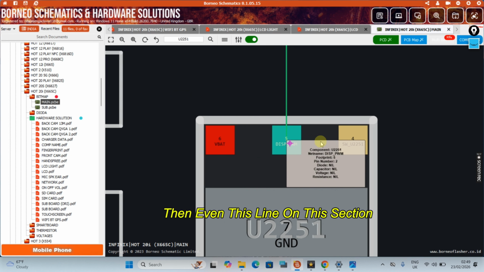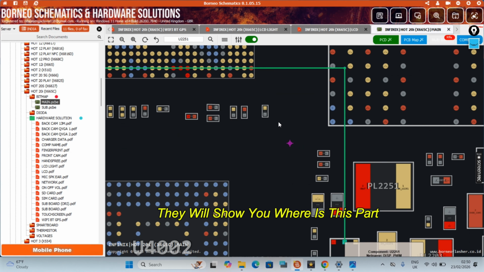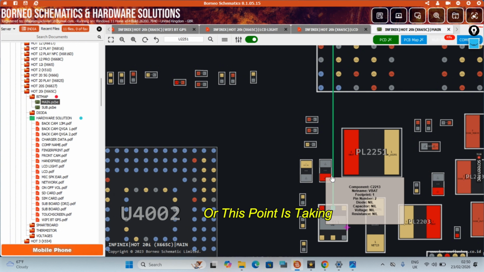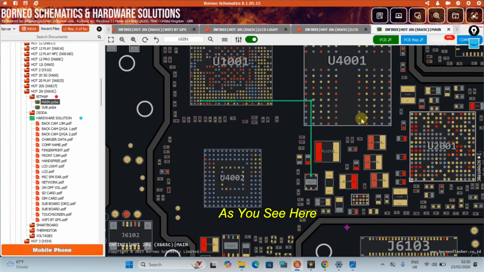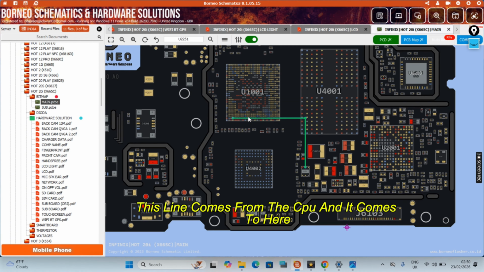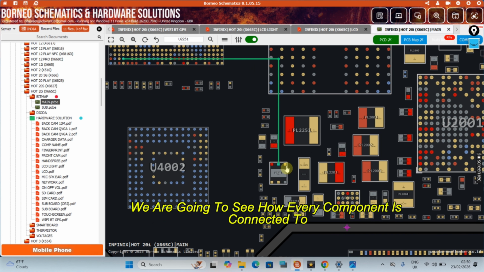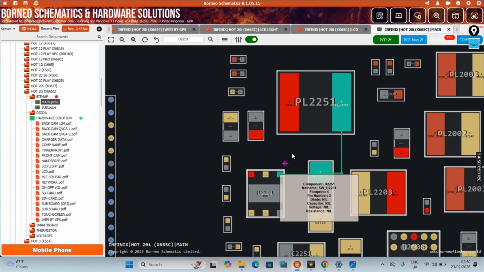Even for this line on this section, they will show you where this point is taking the signal or the voltage. As you see here, this line comes from the CPU and comes to here. We are going to see how every component is connected to another one.